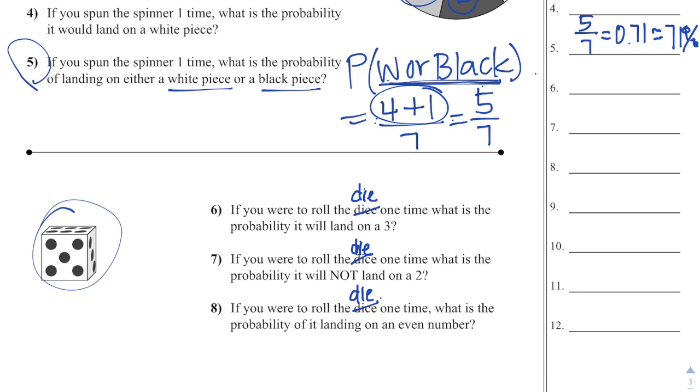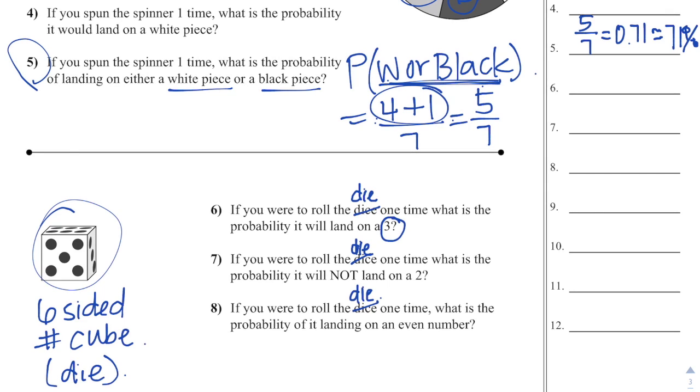Okay, so if you were to roll the die one time, what is the probability it will land on a 3? So if you remember, the number of sides that we have on a cube is 6. A 6-sided number cube is what we're working with on a die. Okay, so if we know the total number of sides, that is the total number of possible outcomes for a die. So if we want to land on a 3, only one of those 6 numbers is 3.